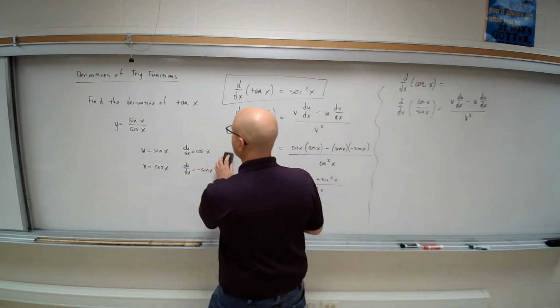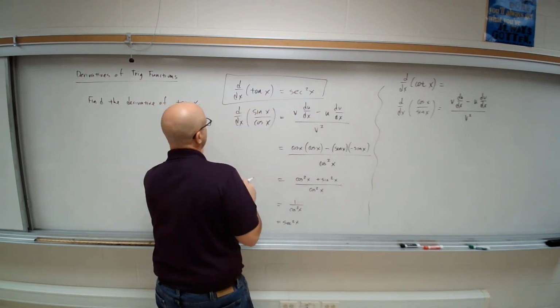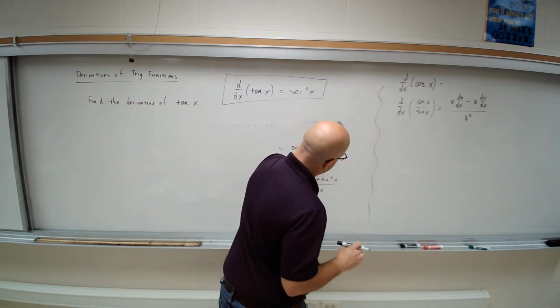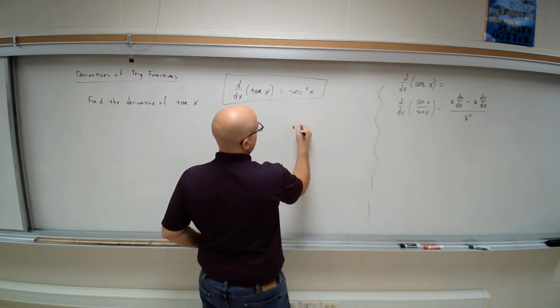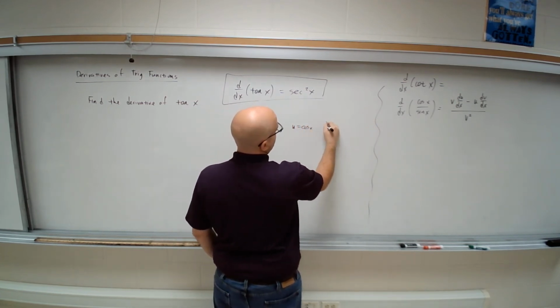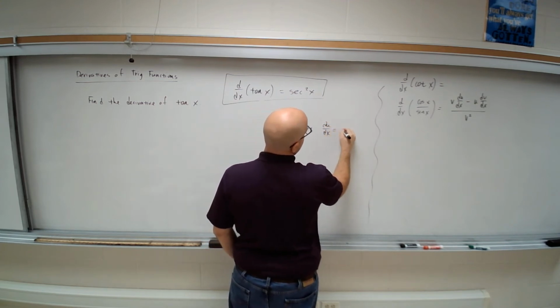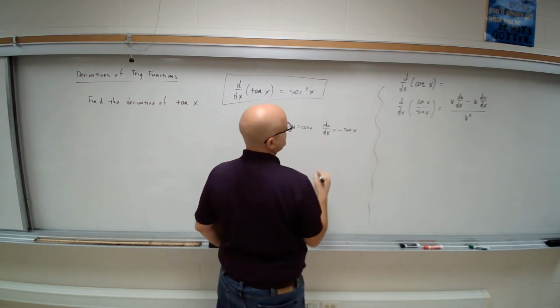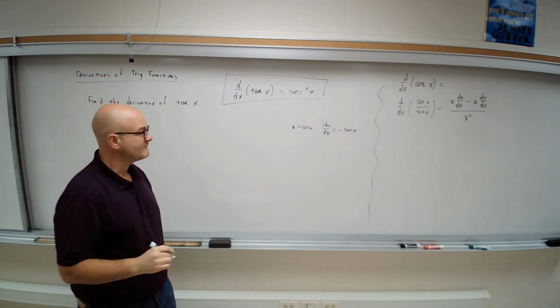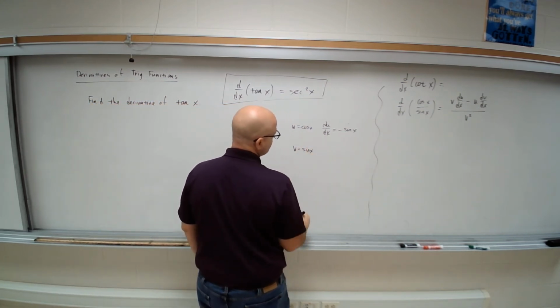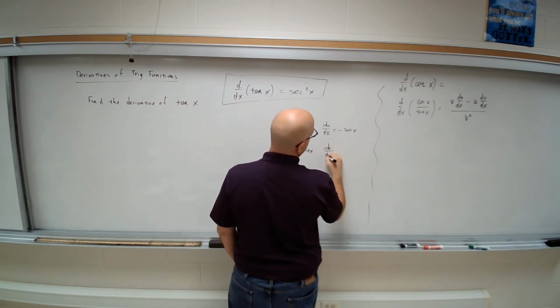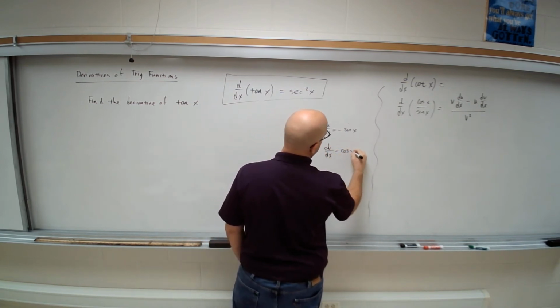Let's get rid of this one because that's not correct, is it? So for this one, we had that u is the cosine of x. So du dx is negative sine x. And then v would be the denominator, which is the sine of x. So then dv over dx equals the cosine of x.